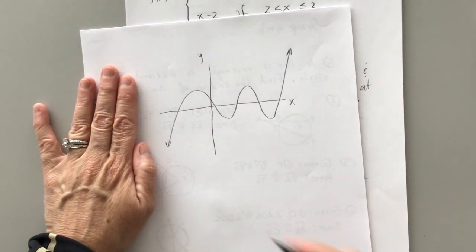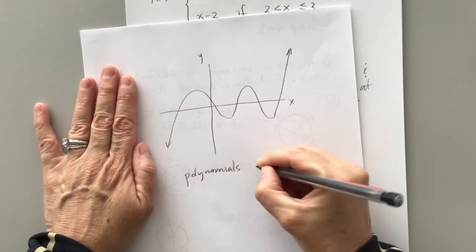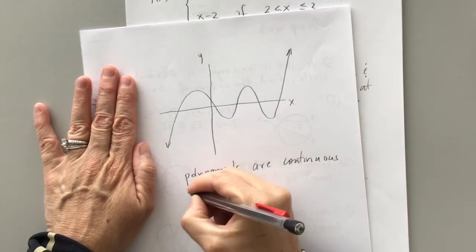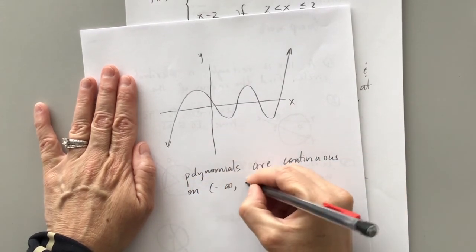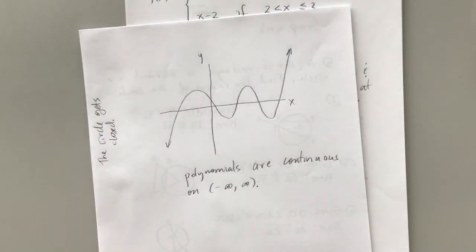The other way we could say is polynomials are continuous on negative infinity to infinity. So that's a property that actually makes polynomials really nice functions. Okay, they don't have breaks in their graphs. They don't have any discontinuities. In other words, they are continuous on negative infinity to infinity.